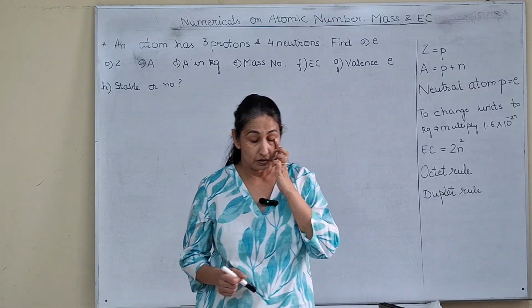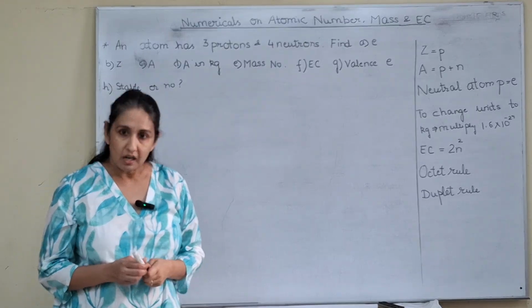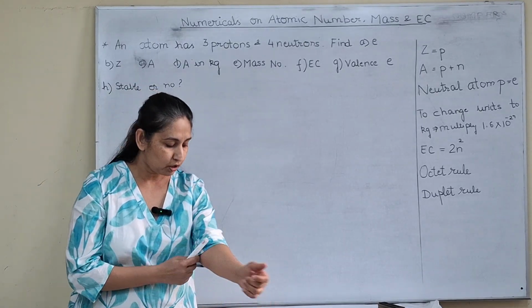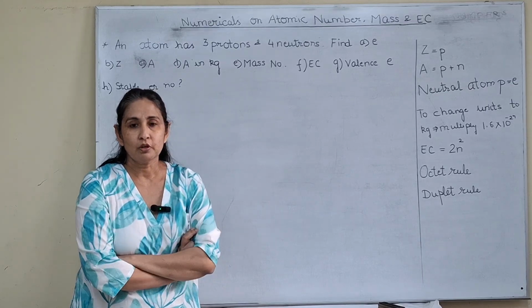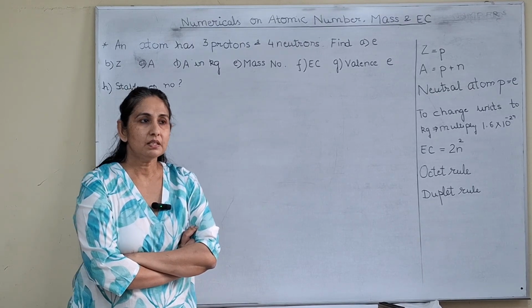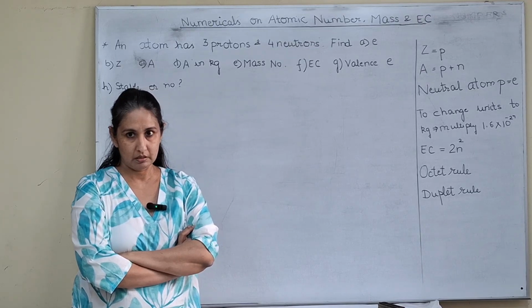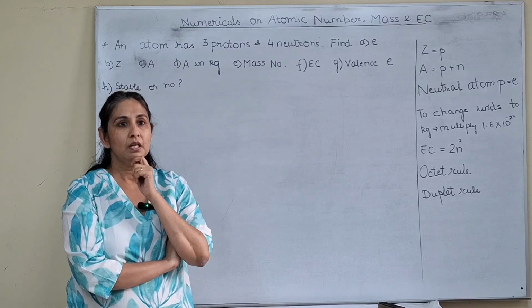Now, usually the charge on one proton or one neutron, not the charge, the weight, the mass is given in something known as units. It's a very, very unimaginably small unit.